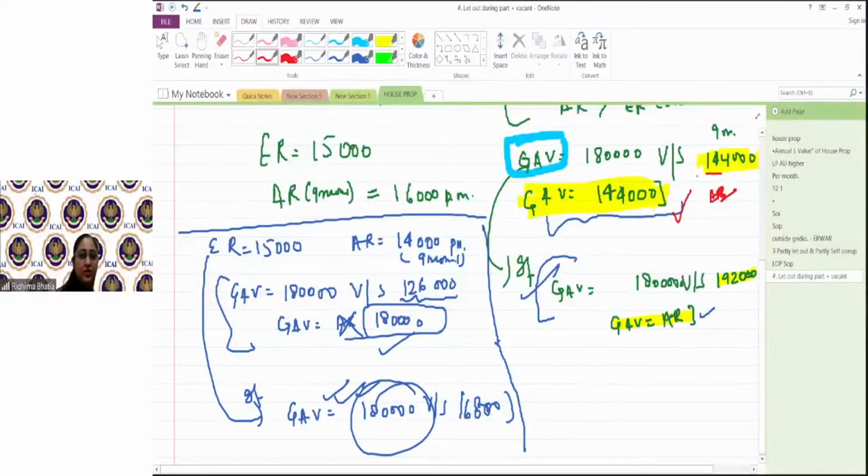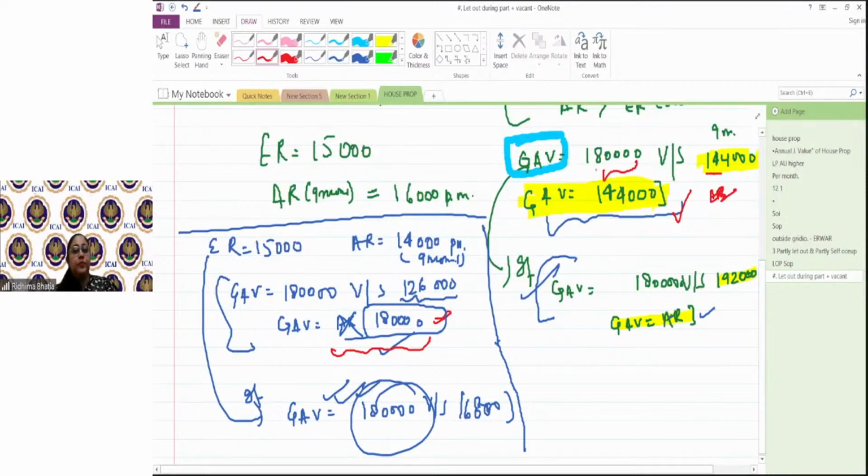If it's a genuine case, meaning even if I had taken the full year, the actual rent would have been the GAV, so now if it is coming lower because of vacancy, I will take GAV as actual rent. But in the other scenario, even if I had taken the actual rent for the entire year, GAV would have been the expected rent. Because my actual rent is lower, even if the let out period were the entire year, my expected rent would have been the GAV. It is not lower only because of vacancy. Generally also GAV would have been the expected rent. So in that case, even now, if the vacancy is for 9 months, GAV for the entire year would be the expected rent for the entire year.